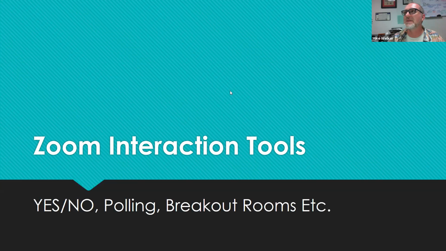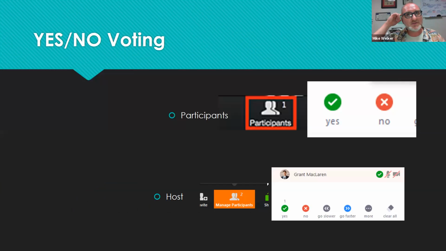Probably the simplest, most entry level, depending where your comfort level is in your Zoomery, is to say that I just want to do a simple yes and no. I just want to do a straw poll.